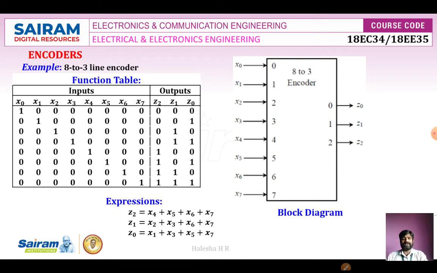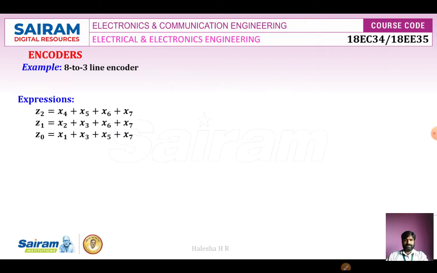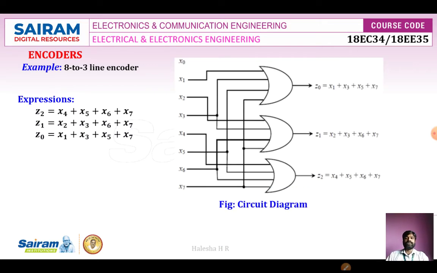That's what I said: outputs are simply a collection of OR gates. So the corresponding circuit diagram is, since there are 3 outputs, we use 3 OR gates. For the Z0 OR gate, we connected the inputs x1, x3, x5, x7, and for Z1 we connected the inputs x2, x3, x6 and x7.